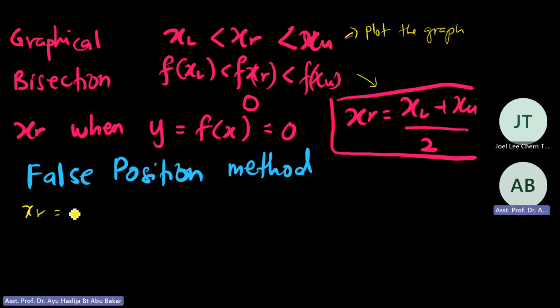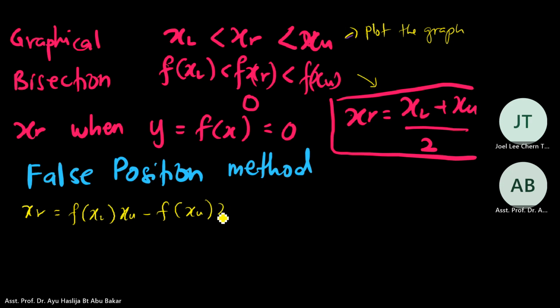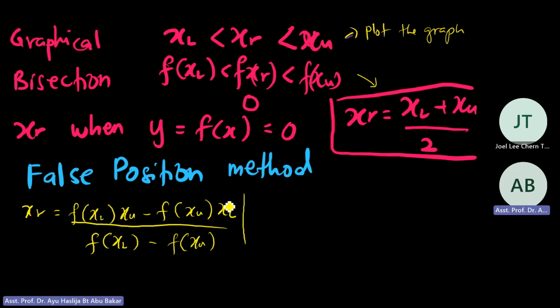As in the previous slide, okay, this is the false position method equation to find the XR.